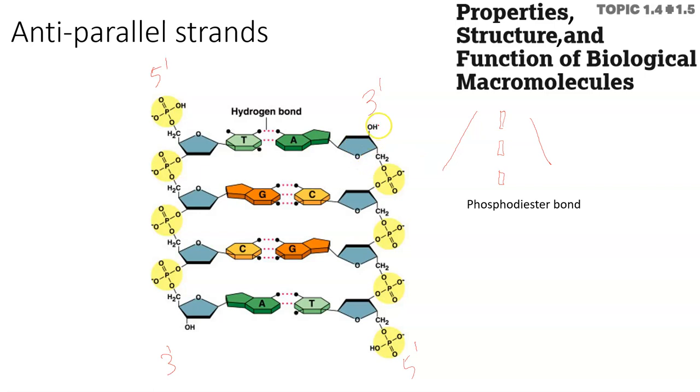Anti-parallel. Now you might wonder to yourself, how come it's called 5'? How come this is called 3'? And it's because of carbon numbering. If you were to number these carbons in the sugar, 1, 2, 3, 4, and 5, you'll notice that the phosphate group comes off of this 5 carbon right here. And that's why this is the 5' end.